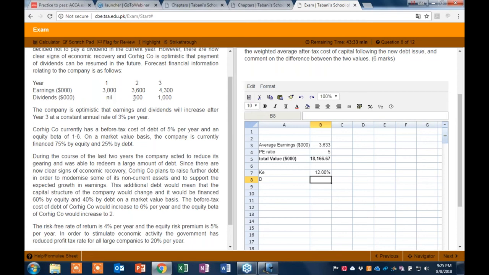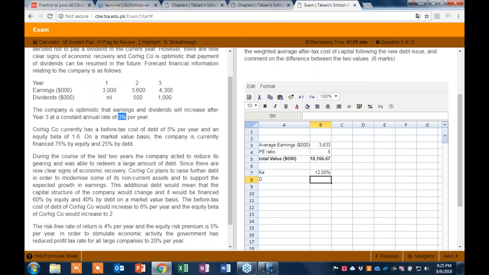It's nil for the first year, then a different amount of dividend in the second year, then a different amount in the third year, and then dividends after year 3 will be growing at 3% per year. So I'm not going into this detail now.